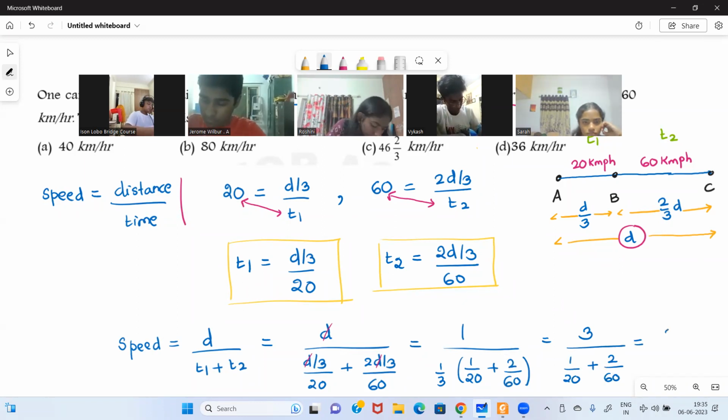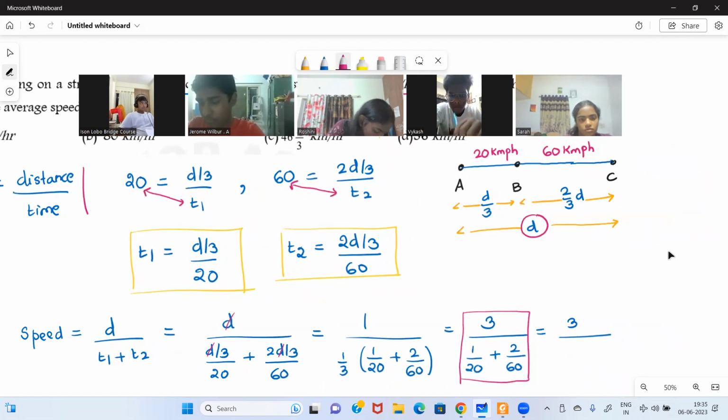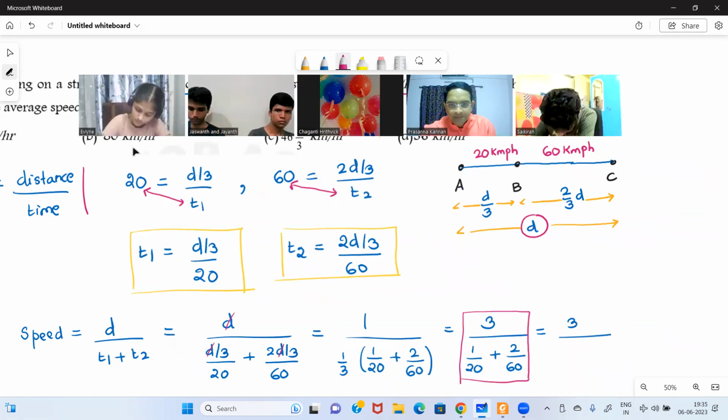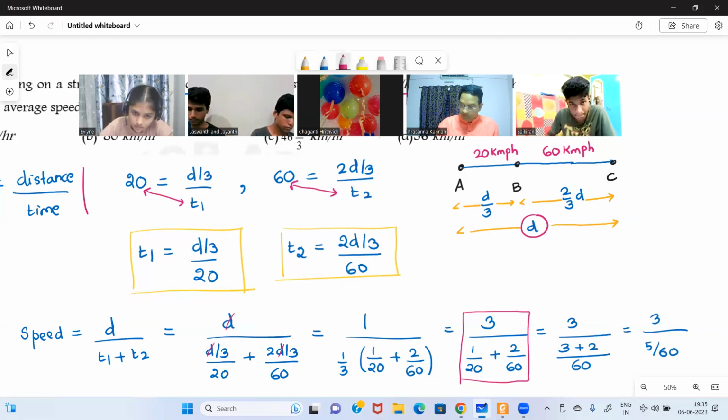Now we can take LCM. 60 is the LCM. So it's going to be 3 divided by 3 plus 2, that's 3 divided by 5 upon 60. 5 by 60 is 12, so 12 comes to the numerator, and it becomes 3 into 12. Therefore, the answer is 36 km per hour.